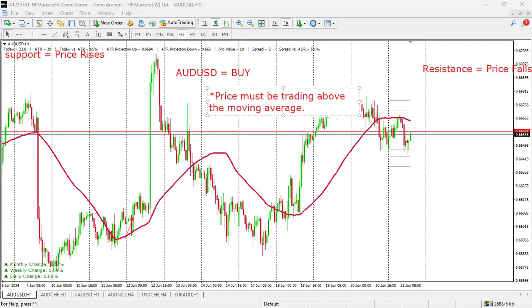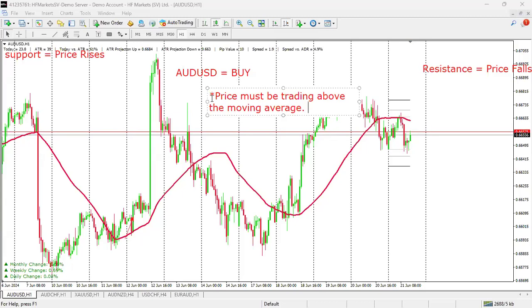So in the case where your analysis in the market is suggesting a buy, all good and fine. Now, if you get to the chart and you want to use the moving average strategy to enter into the market, the first thing is to confirm that prices are actually trading above the moving average, not below it.